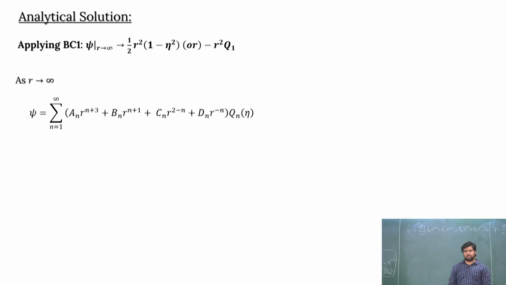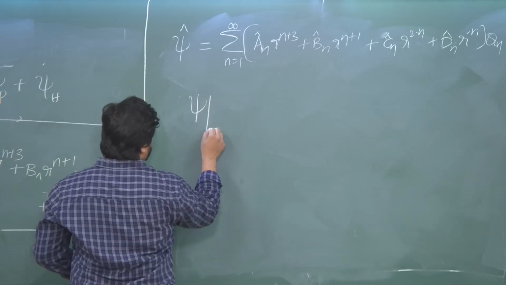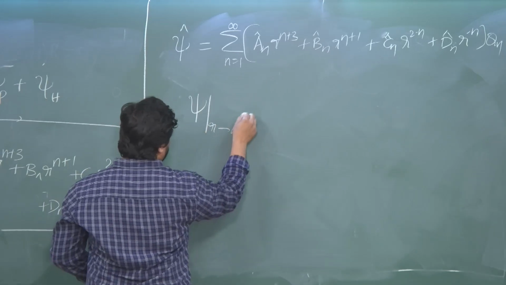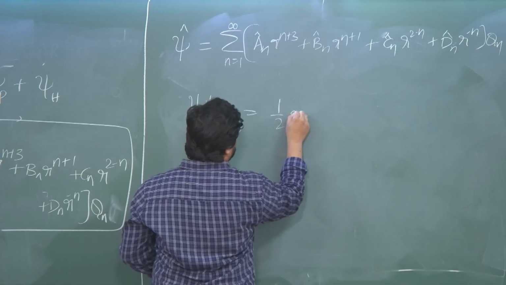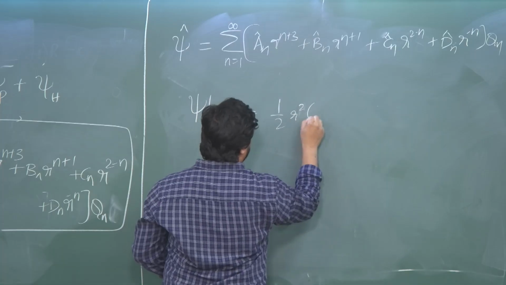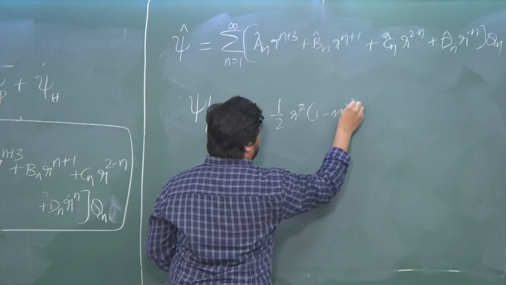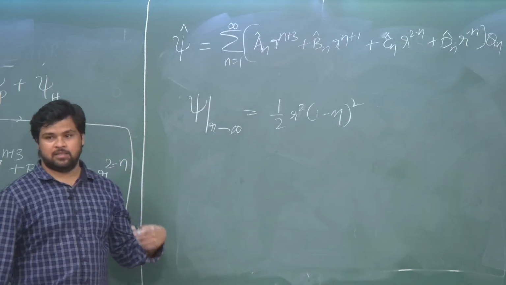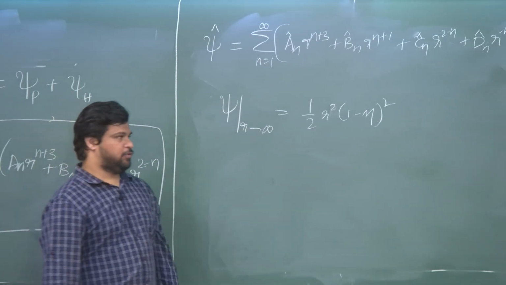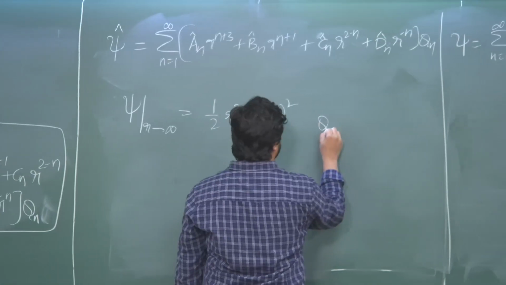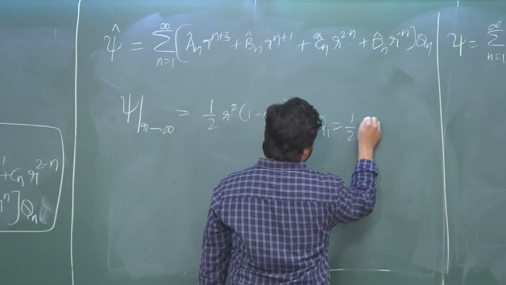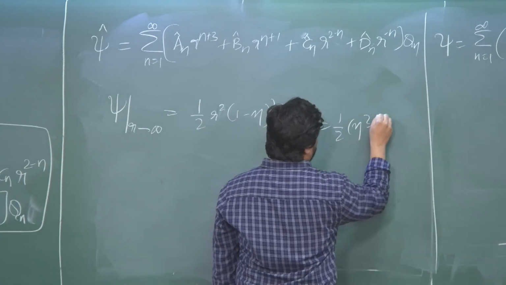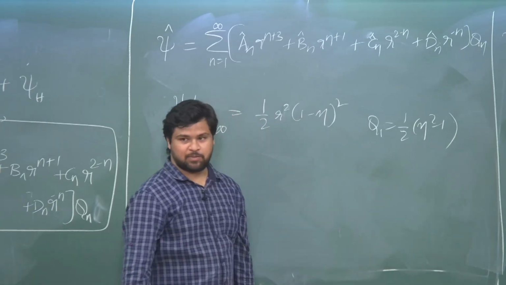Now, we will apply boundary conditions. The first boundary condition we are applying is the far field boundary condition. If you remember the far field condition, psi as r tends to infinity will be half r square into 1 minus eta square. This will convert into Q. If you remember, our q1 is nothing but 1 by 2 eta square minus 1.